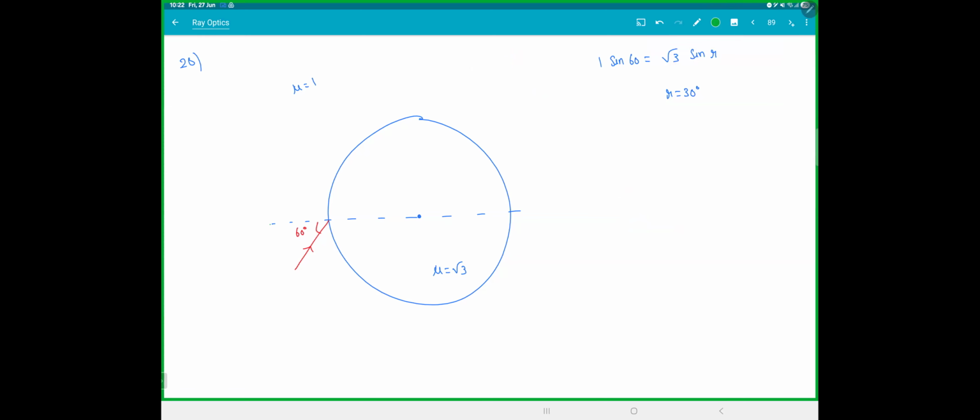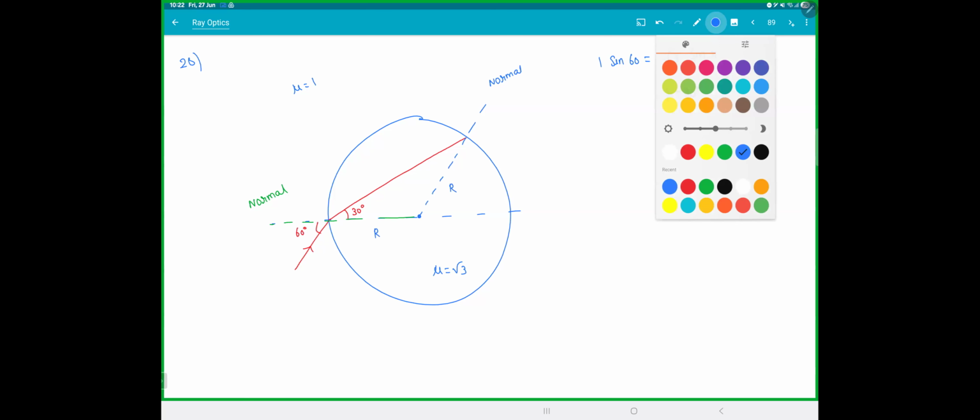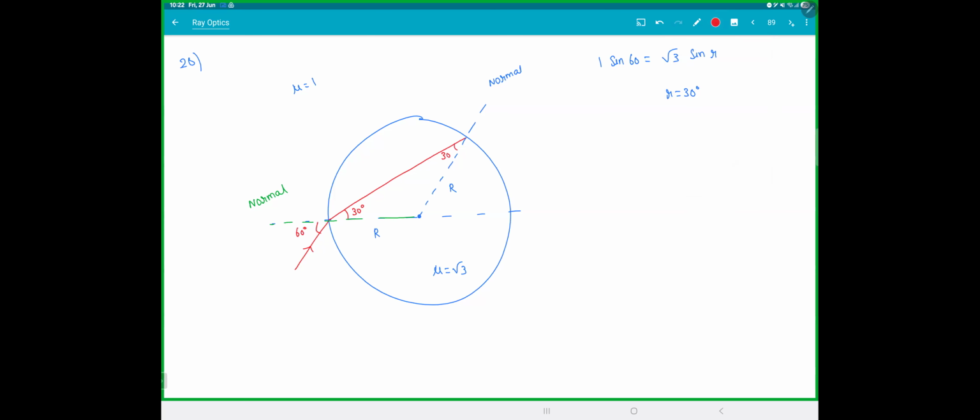Now remember, this will be the normal, and this will be 30 degrees. This will be the normal here, and you can see this is an isosceles triangle. This is R, that is R. So if that is 30, this is also 30, this is 120, and this is 60.